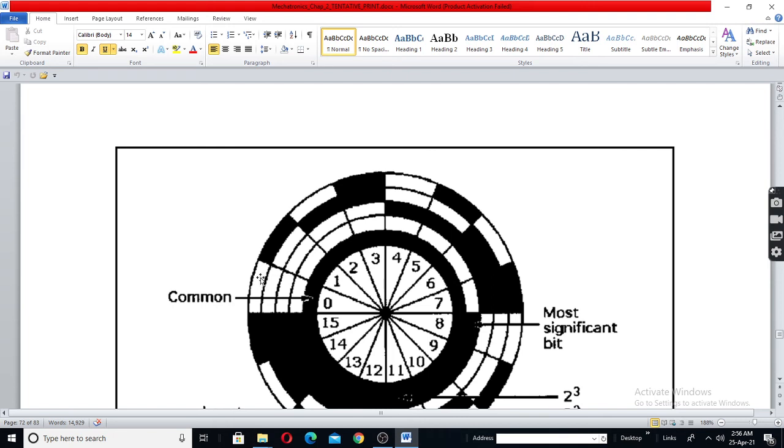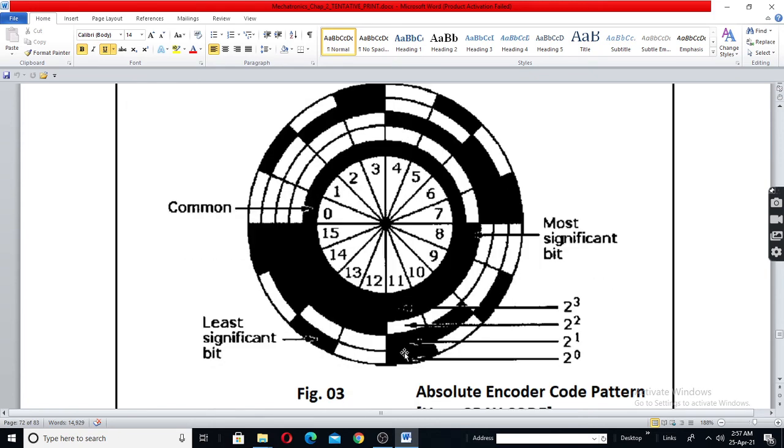If you take the output of this sensor, count the number of pulses per second, say per 0.1 second, and you have to divide by 8. Here you get 8 pulses. If you select this to measure speed, you have to divide by 8.